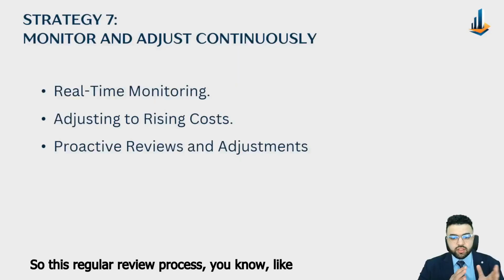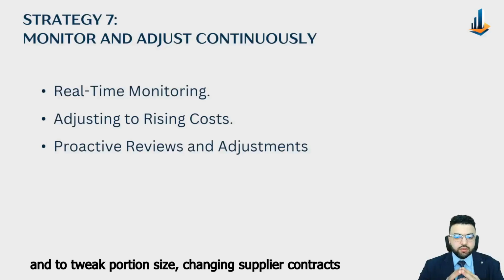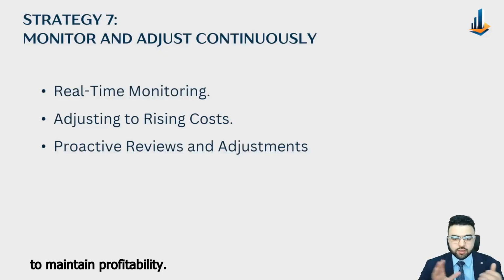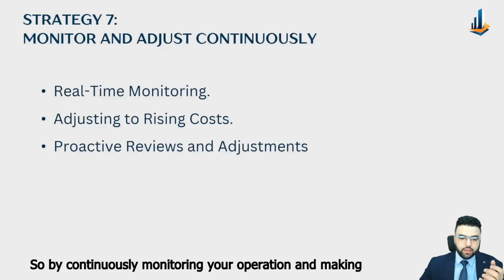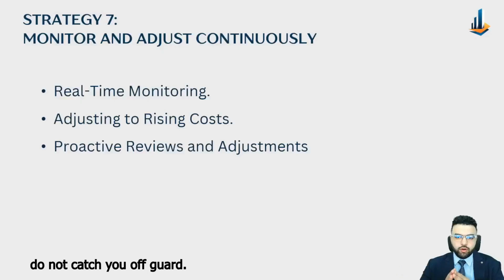So this regular review process will help you to make responsive adjustments, to tweak portion size, and change supplier contracts to maintain profitability. By continuously monitoring your operation and making timely adjustments, you will ensure that rising costs do not catch you off guard.